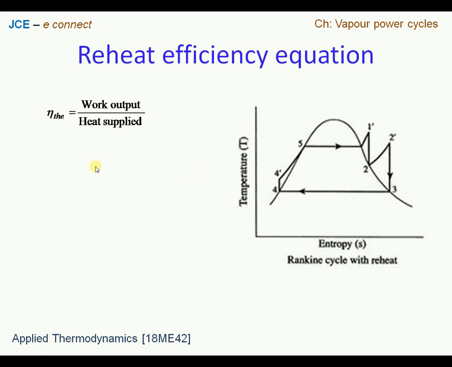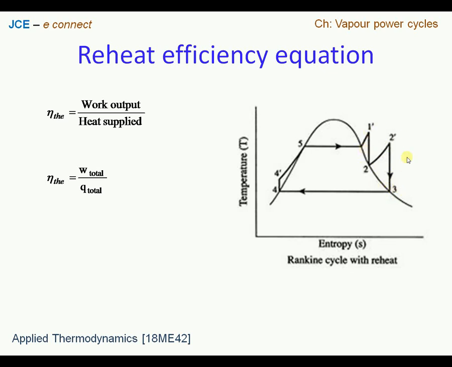Now let us look at the efficiency relation. We have thermal efficiency as net work done by heat supplied. So we are now looking at what will be the work done term here, that is H1 dash minus H2 plus H2 dash minus H3.